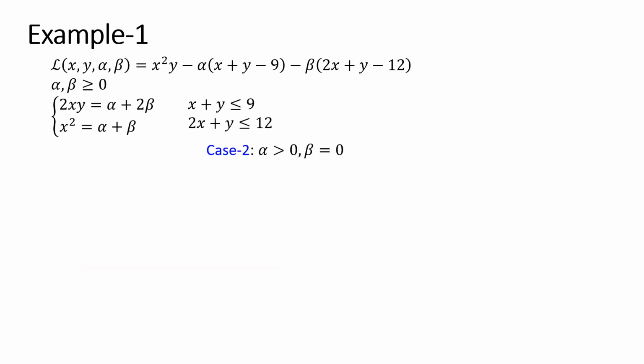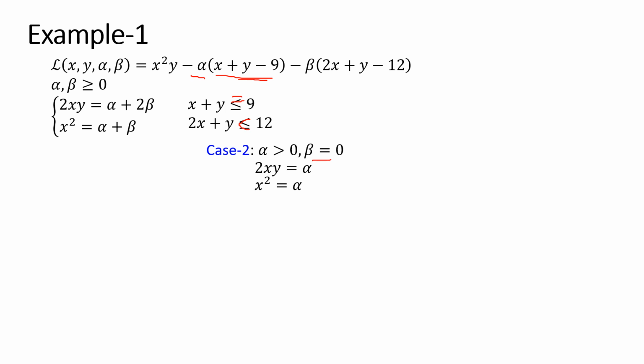Next, we consider case 2, where alpha is greater than 0 and beta equals 0. Since alpha is greater than 0, this is an active constraint, which means that x plus y equals 9, and beta is equal to 0 implies that twice x plus y is strictly less than 12.